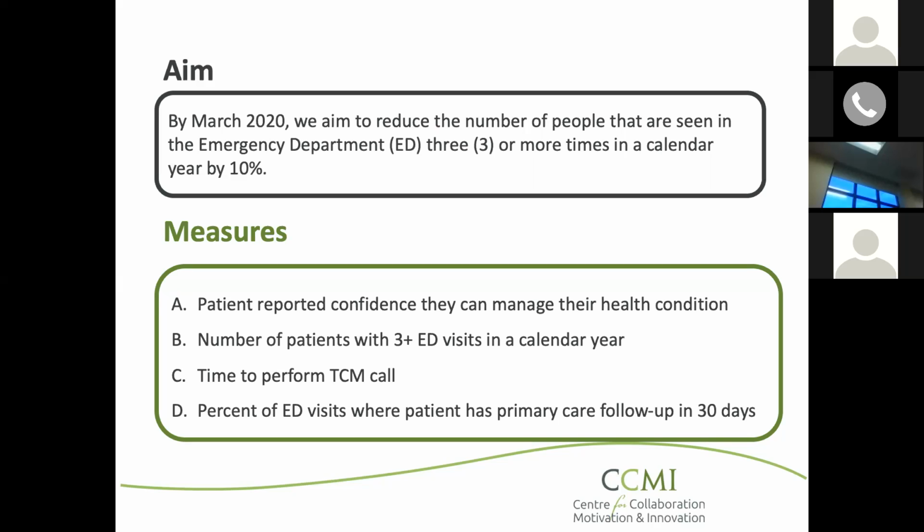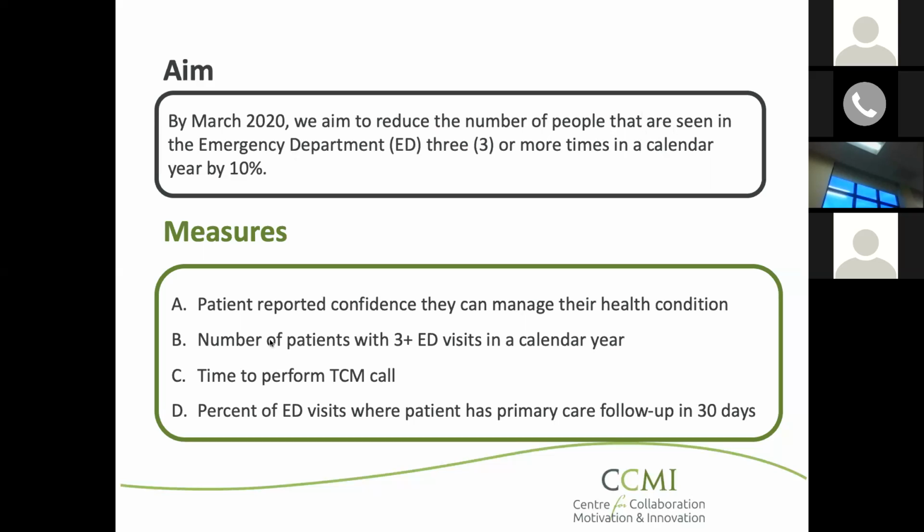So B, we got an A, a B. Any others? So when I take a look at the aim statement, we aim to reduce the number of people that are seen in the emergency department visit 3 or more times in a calendar year.